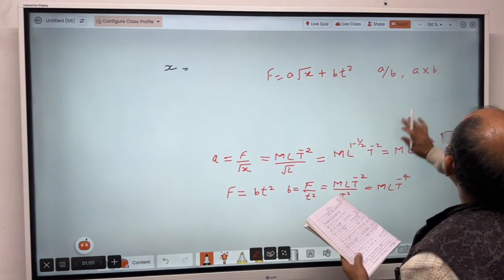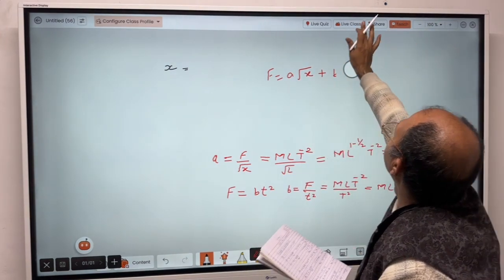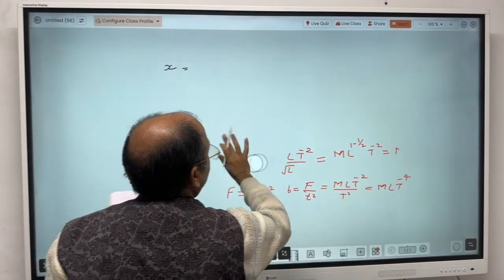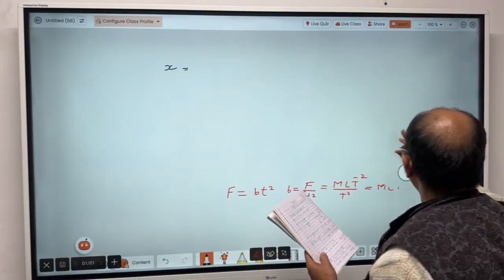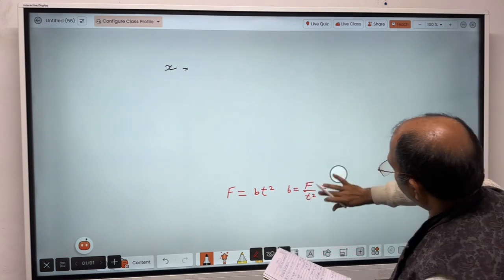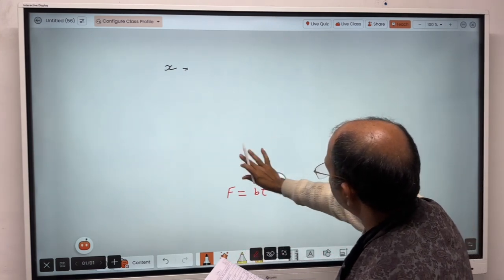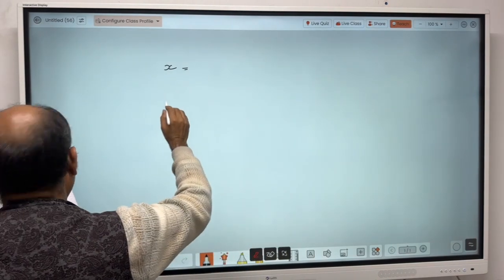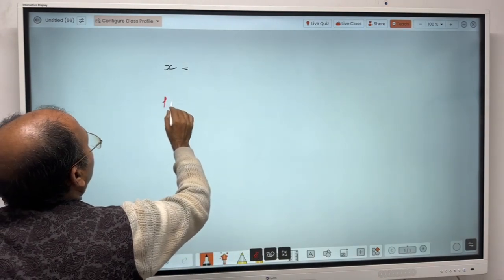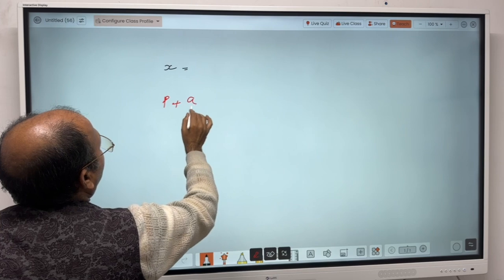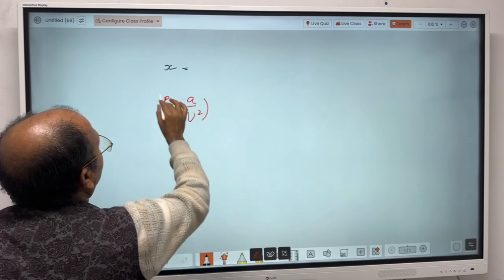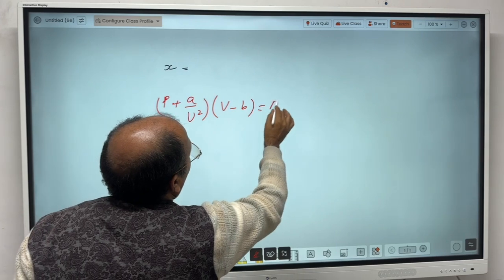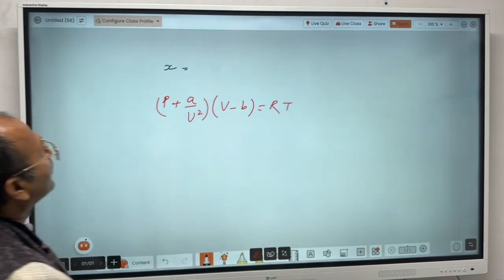Now, let's see some other questions. Here, we are given the van der Waals equation, that is P plus A upon V square into V minus B equal to RT.